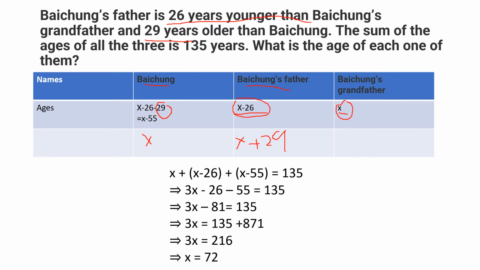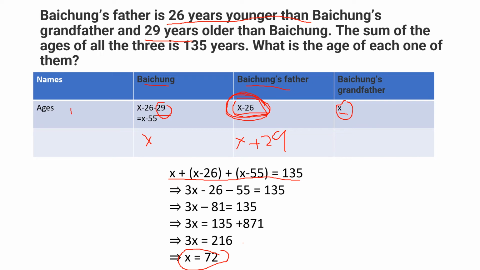So again you have to subtract a value of 29 from the value of the father. So for the father it was x minus 26, and again you have to subtract one more value, which is 29. Now as per the question they are saying that the sum of ages of all three will become 135. On solving we are getting x as 72 years.